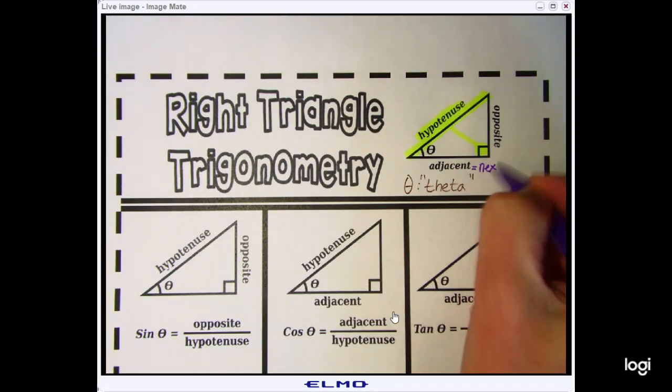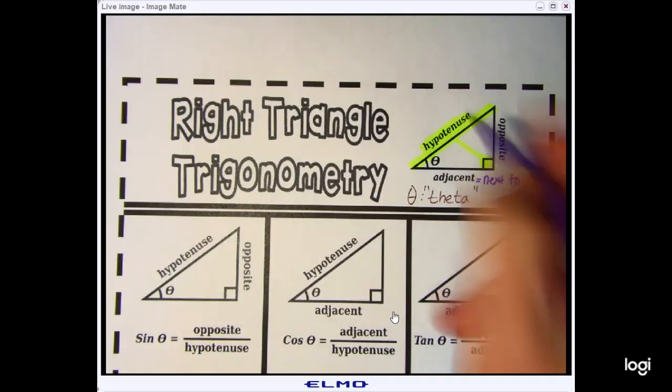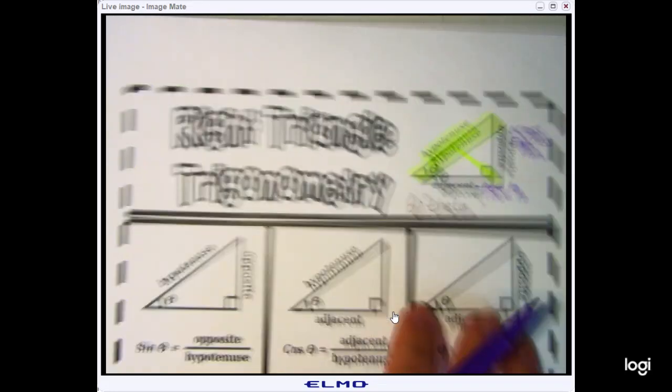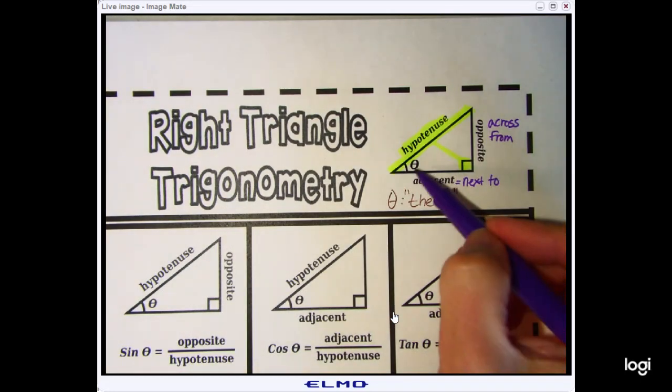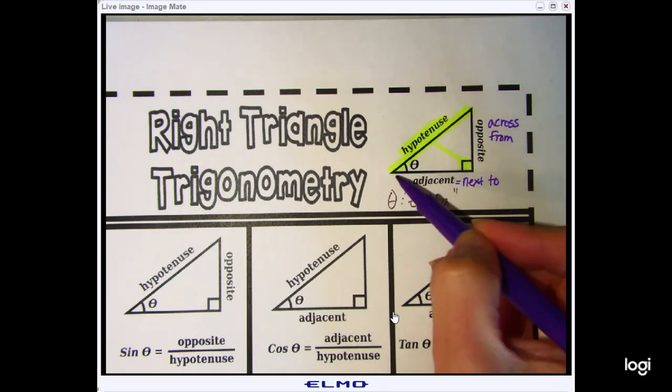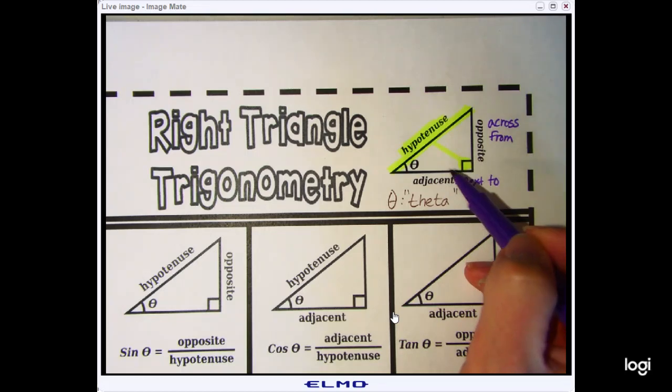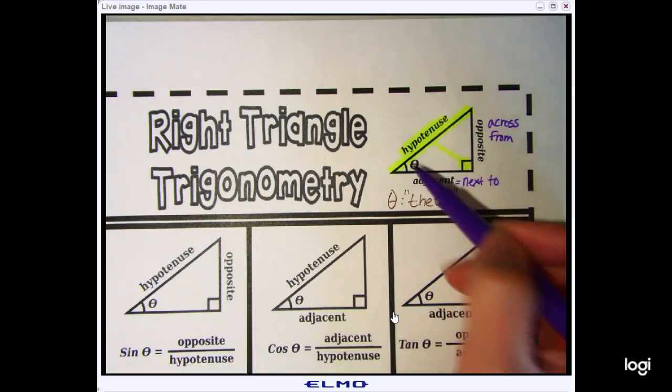Next to. Opposite means across from. So depending on where theta, your angle is, you can determine what side is next to or what side is across from. And it is never, ever, ever the hypotenuse.